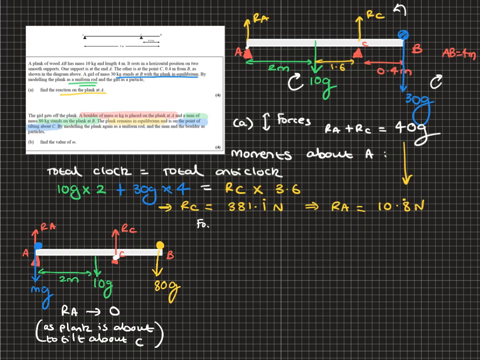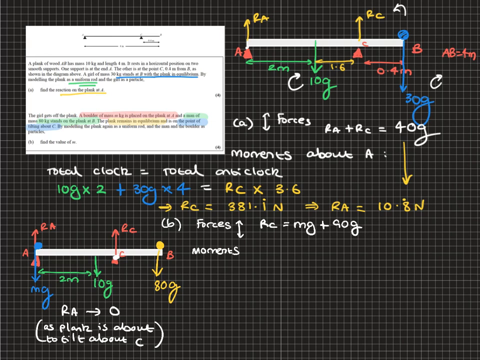If we balance our forces, so part B, we know that RC must equal mg downwards plus 90g, the combination of 10g and 80g. Now, what about moments?